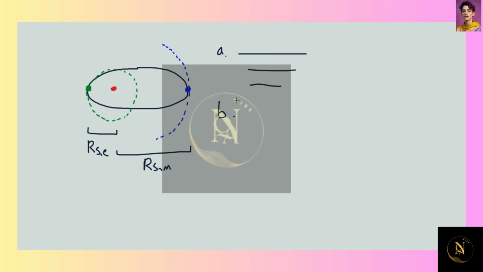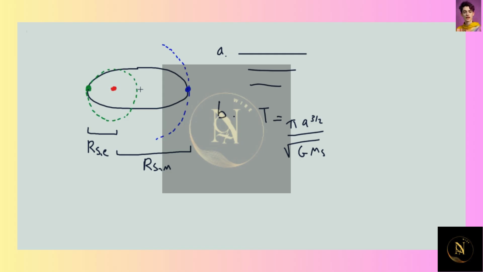So part B asks us to find how long the one-way trip from Mars will take. If we're moving from here to here, that's half of this total orbit, so it should just be half of whatever this period is. For an elliptical orbit, we know our period from Kepler's law should be pi a to the 3/2 over the square root of GM, which in this case would be the mass of the sun since it's still in orbit around the sun. And a here would be the semi-major axis.